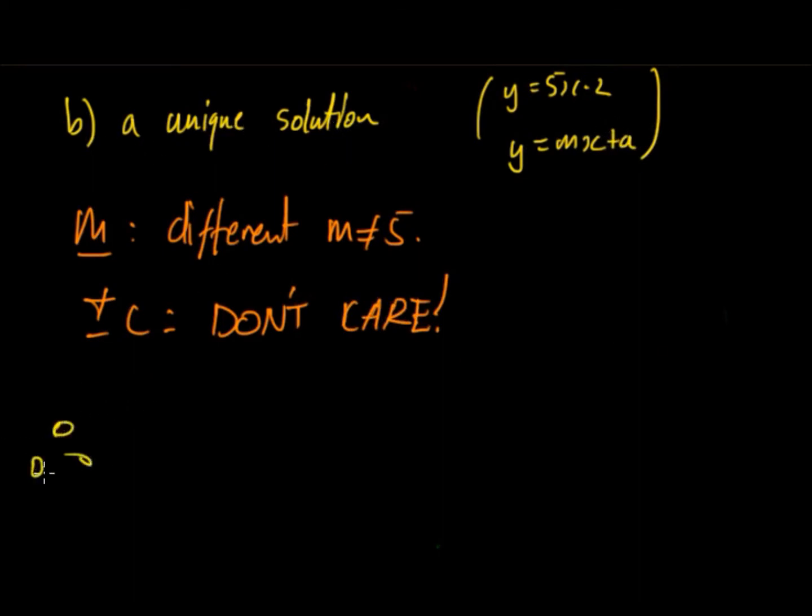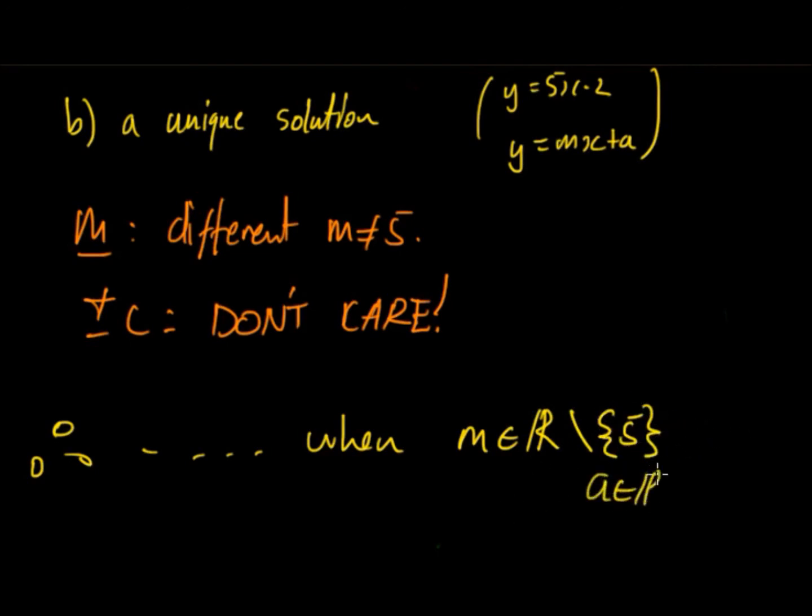So therefore, you can write for a unique solution, this occurs when m is any real number apart from 5, and a is any real number. So even if a is 0, 10, -5, as long as m is 1, 2, anything but 5, we're going to get a unique solution. And that's because with the unique solution, all we care about is the gradients being different.